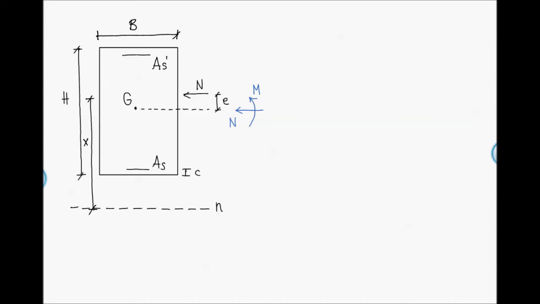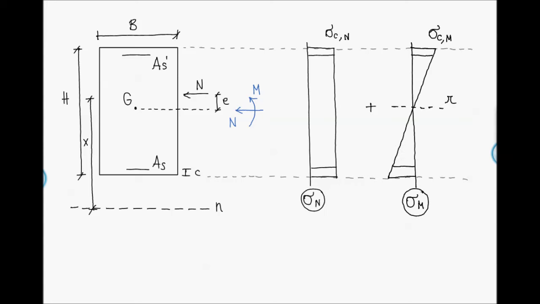So we will consider these two stress diagrams. The first one on the left is the stress diagram given by the presence of a centered axial force. And the stresses on concrete is indicated as sigma Cn.